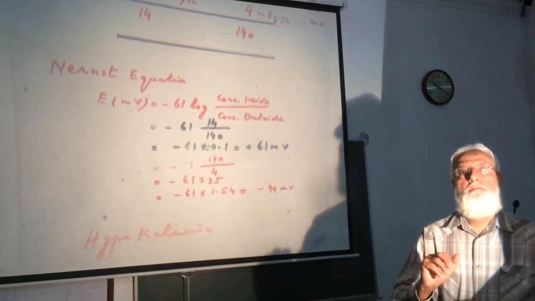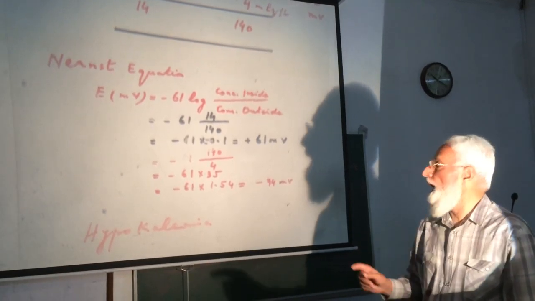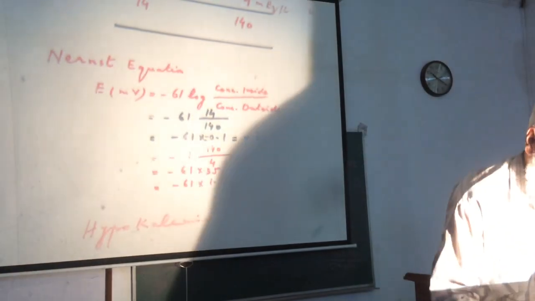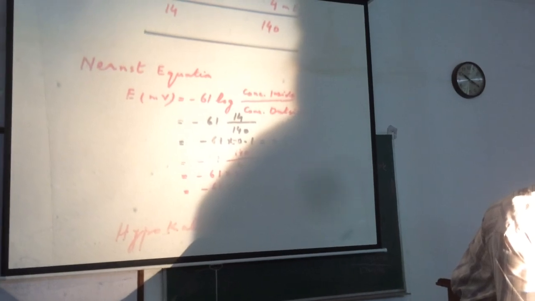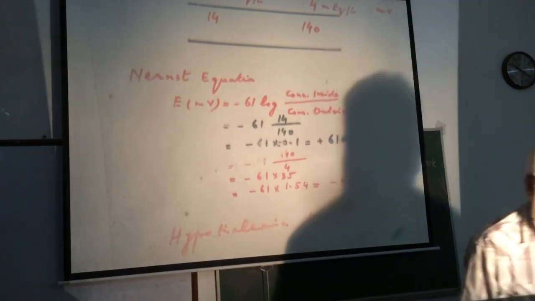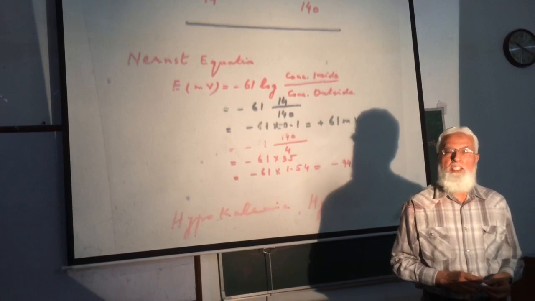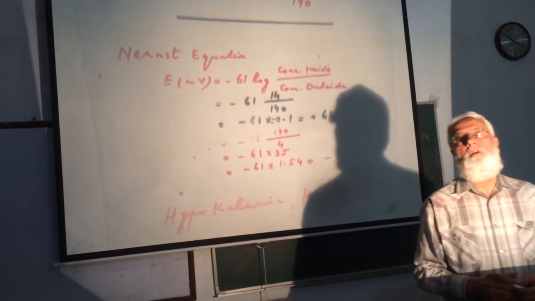Now in contrast, when there is hyperkalemia, plasma potassium becomes more. In hyperkalemia, there is more plasma potassium, or there is increased potassium concentration in the extracellular fluid.